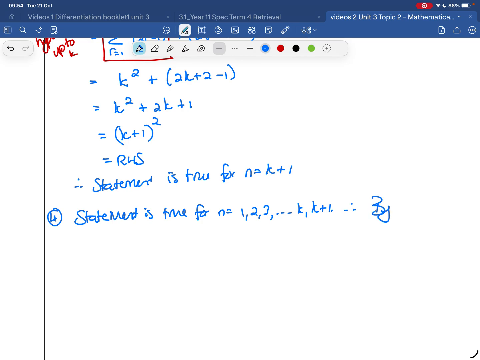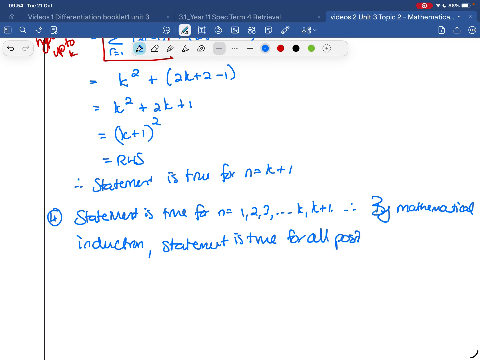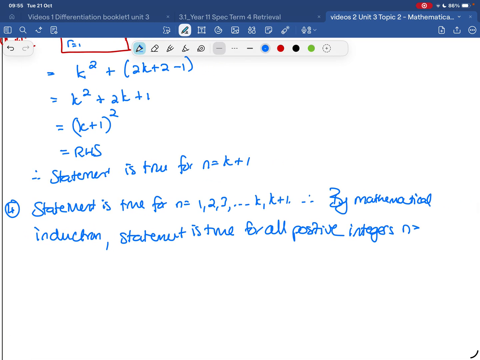Therefore, by mathematical induction, my statement is true for all positive integers n greater than or equal to 1.